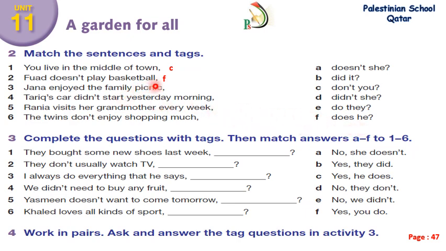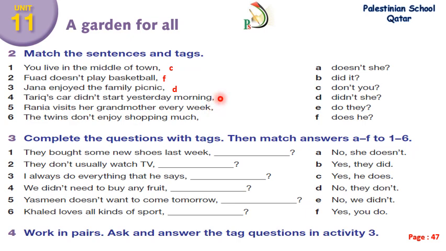Fuad doesn't play basketball, does he? Jana enjoyed the family picnic. Did you guess? Easy. Yes, very good. Didn't she? Jana enjoyed the family picnic, didn't she? Tariq's car didn't start yesterday morning.